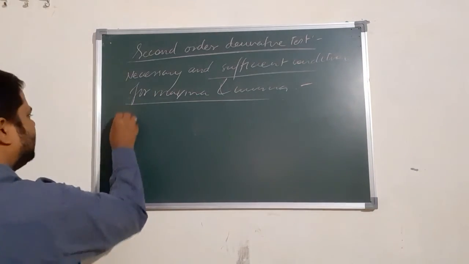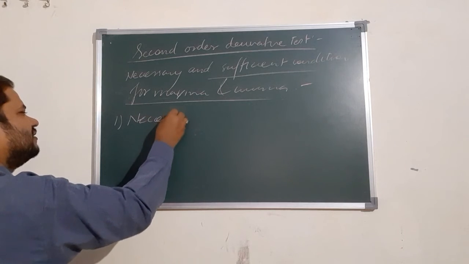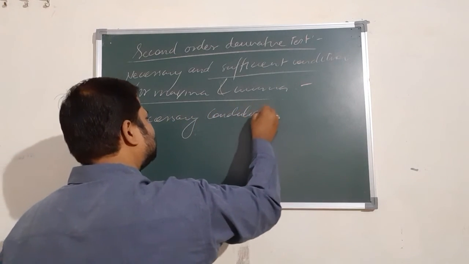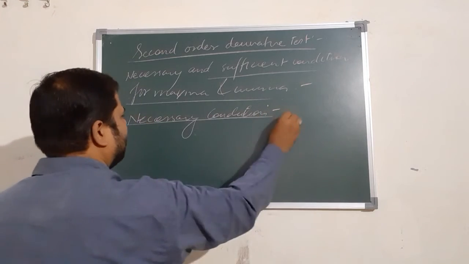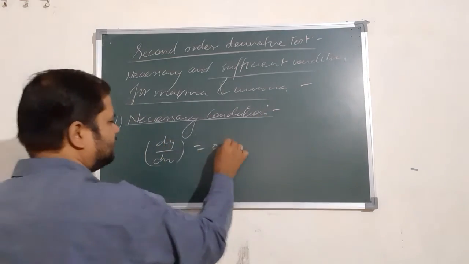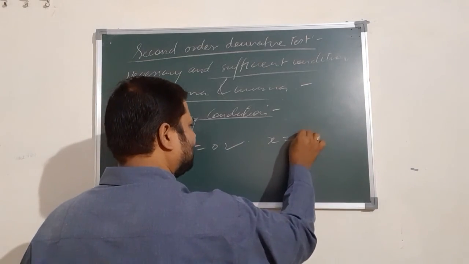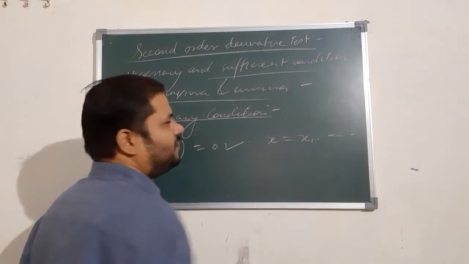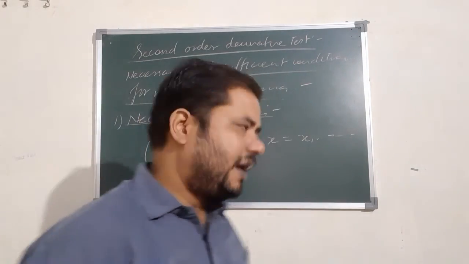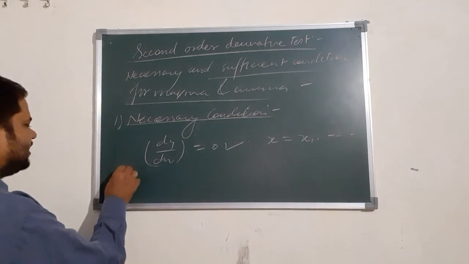The first one is the necessary condition. In this condition, we have dy by dx is equal to 0, and then we get the value of x as x1, x2, whatever the values. These are known as the critical points. And now the sufficient condition is what?